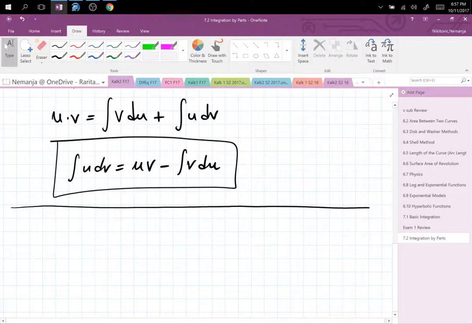All right. So now let's see how does this thing work. One of the standard examples is to start with x sine x dx.